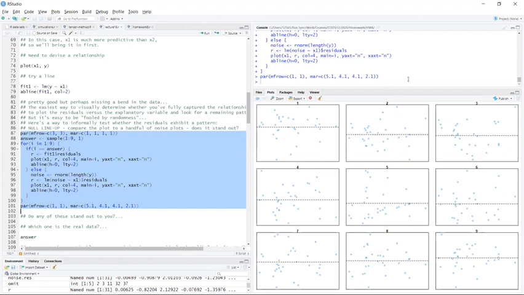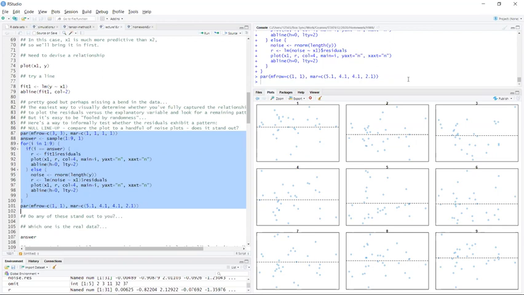So I don't want to be fooled by randomness. I don't want to see a pattern that could easily just be due to normal noise. So I want to see if one of these stands out from the rest. If it does, then I can feel like there's something real, a real pattern remaining in the residuals, and that my initial fit, my line, didn't really capture the relationship.